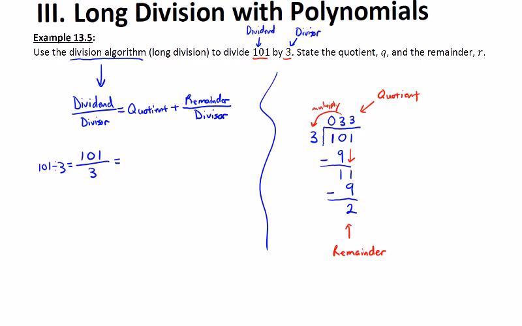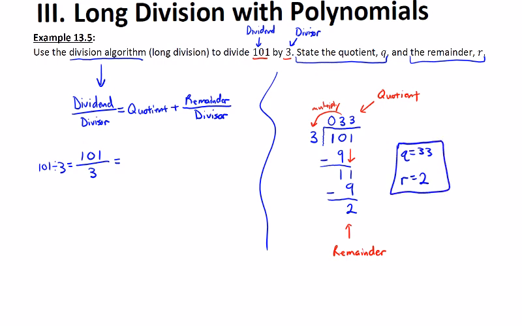So I'm going to take the quotient and the remainder, and use them here in the division algorithm. It also says up here to state the quotient as Q and the remainder as R. So over here I'll say Q is equal to 33 and R is equal to 2.